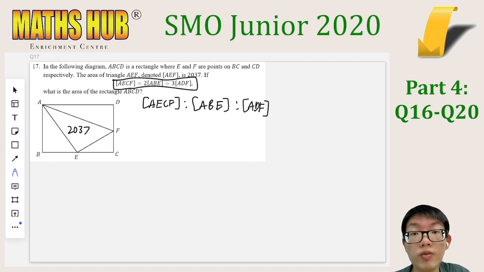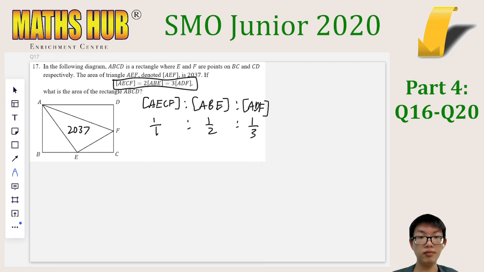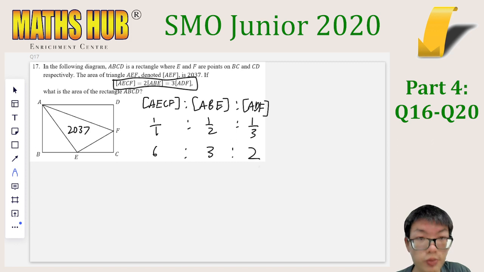Here it is times 1, and then times 2, and then times 3. So we can write it as 1 over 1 is to 1 over 2 is to 1 over 3. Because 1 times 1, half times 2, and 1/3 times 3 all give you 1. So this is a way that we can convert it straight into a ratio. And in order to get it to integers, I'll multiply everything by 6. So 6 is to 3 is to 2.